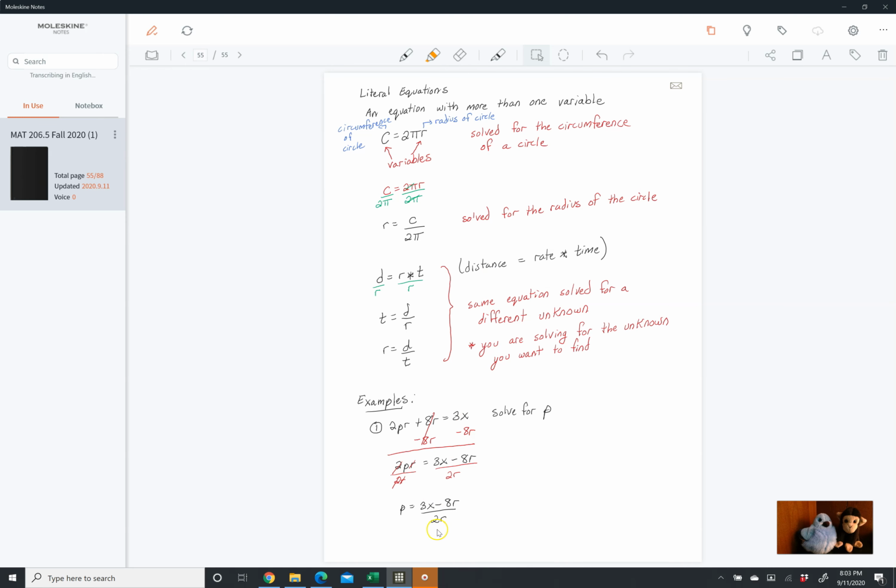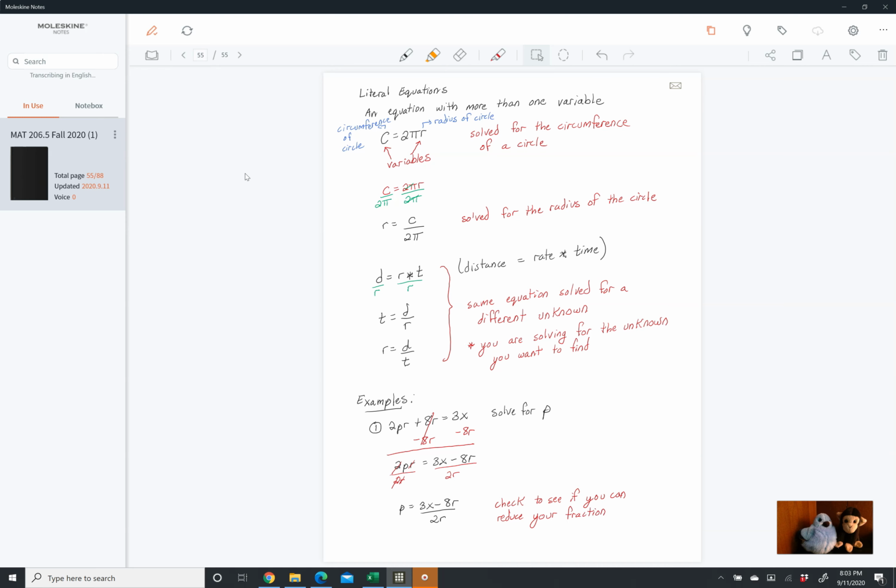This is it. So one thing that I want to warn you about is you want to make sure that you can't reduce your fraction. Right?